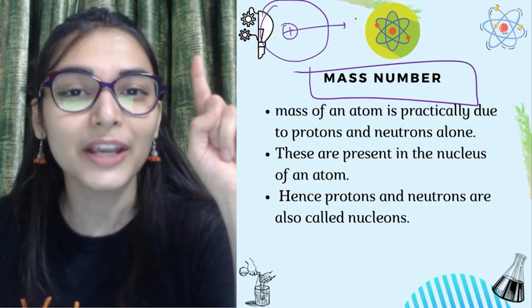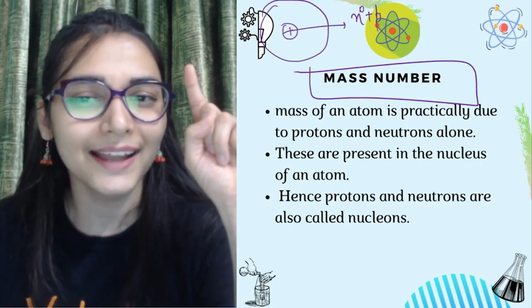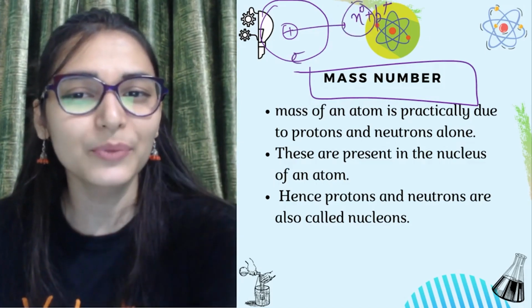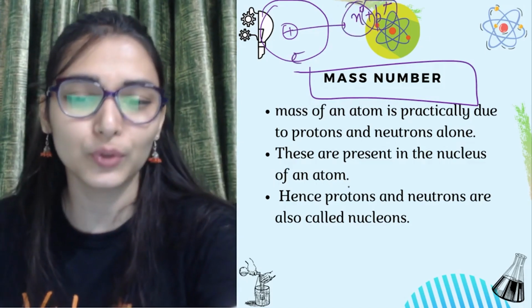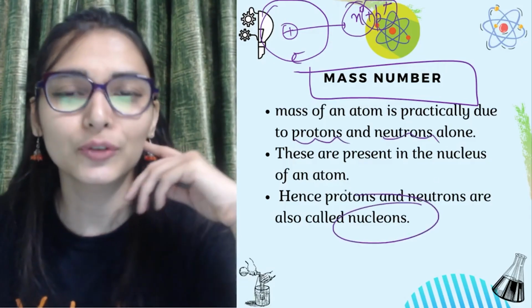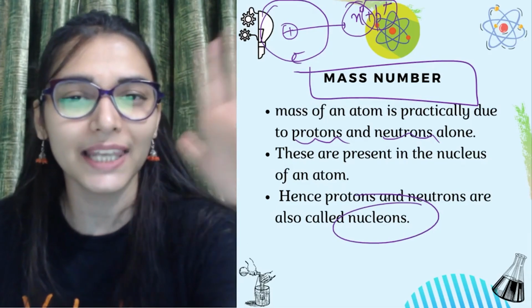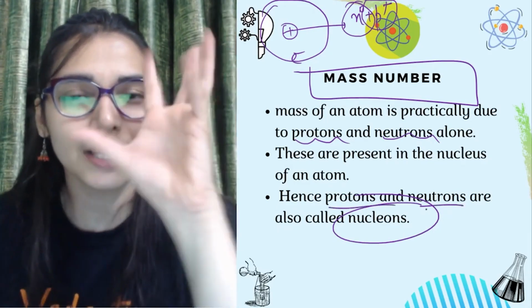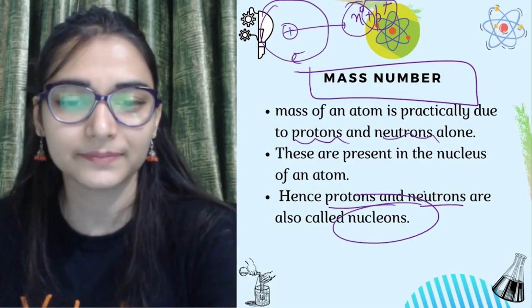And nucleus में कौन होता है? Neutrons and protons. So mass number is the total number of neutrons and protons in an atom. ठीक है, आप बोल सकते हो nucleons. Nucleons is the term that is used collectively to represent protons and neutrons. Protons and neutrons को collectively बोलते हैं nucleons.